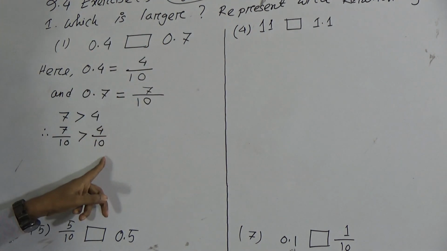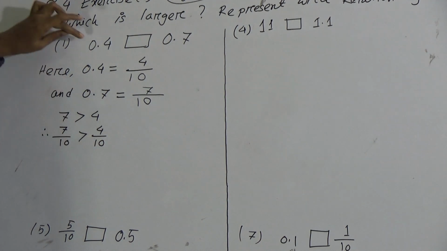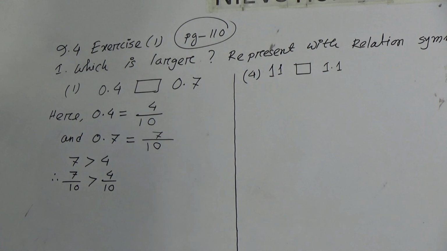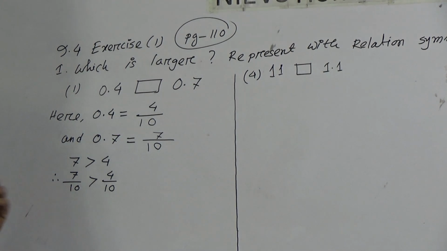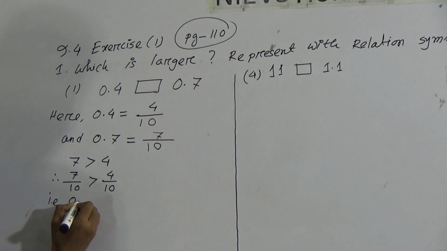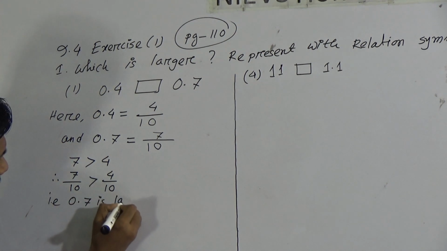And 4/10 means 0.4. So which one is larger? Obviously 7/10, that means 0.7 is the larger. Therefore write that 0.7 is larger.